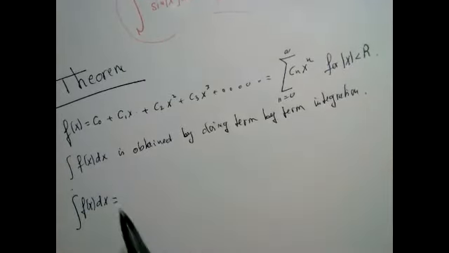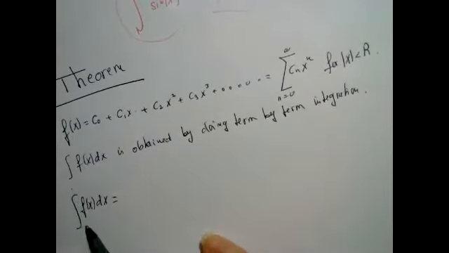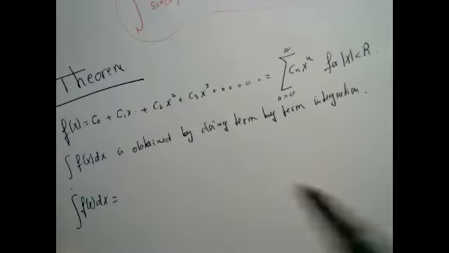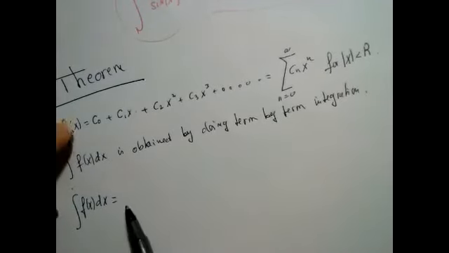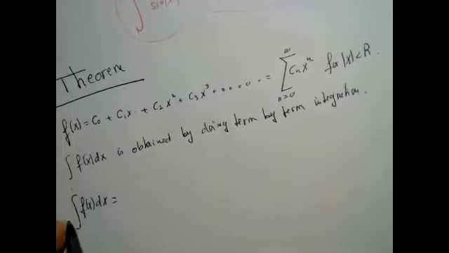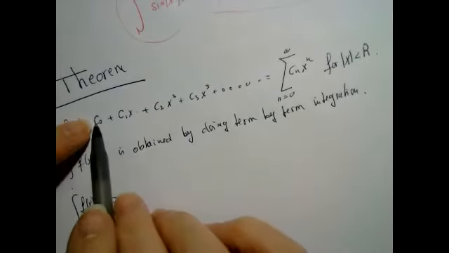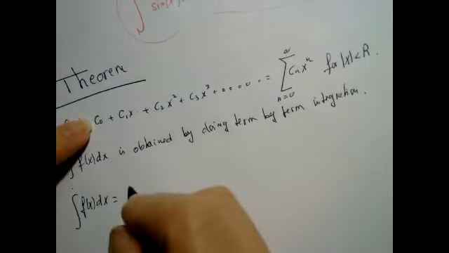What do I mean by that? When you find the antiderivative of a function, it is a whole new function. The antiderivative of x is a new function, which is half x squared. So the series that represents the antiderivative is obtained by integrating each term by term.